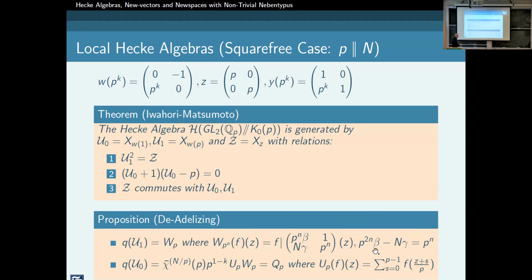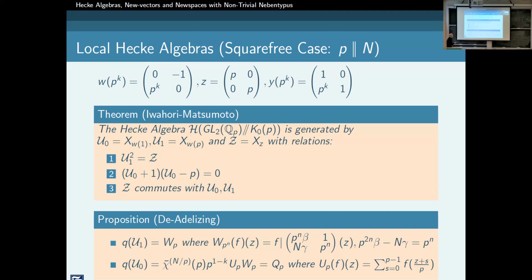And this is another well-known operator from Atkin-Lehner, which is basically a twisted version of this operator that we use here. And if you take the de-adelization of U0, you obtain this operator instead, which is Up times Wp, the involution from before.